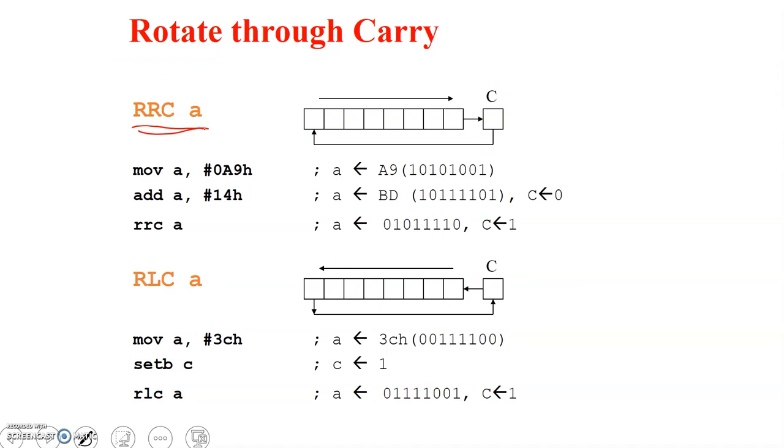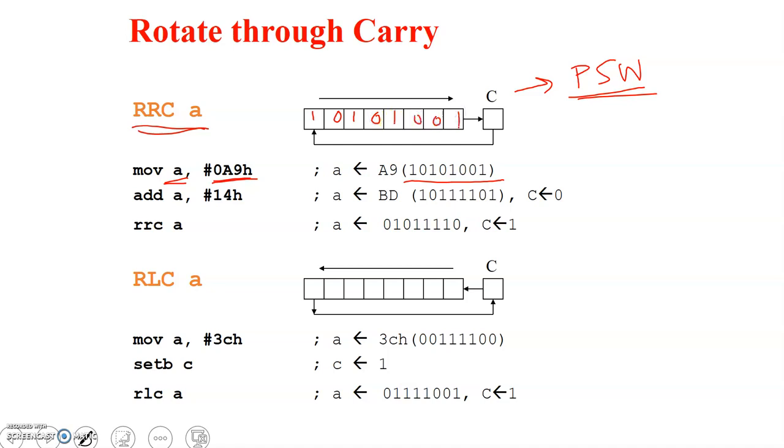Fine, let's move and see the rotate through carry. So RRC and RLC, there are two instructions: rotate right through carry and rotate left through carry. The carry bit of the program status word is incorporated in this instruction. Say I am writing a value of A9 in accumulator A. So A9 is this 1 0 1 0 1 0 0 1.